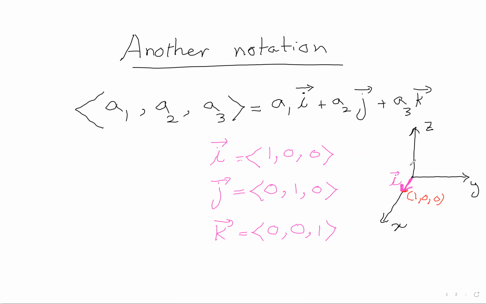In a similar manner, if I find 1 on the y-axis, that 1 on the y-axis in 3 coordinates means it is 0, 1, 0. And the vector initiating from the origin and terminating at that point, this vector is vector j.